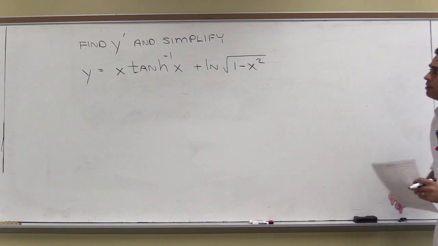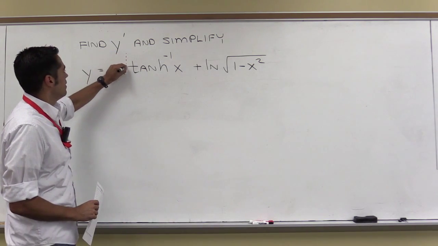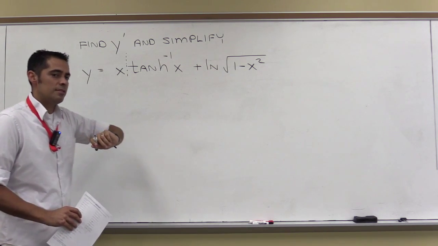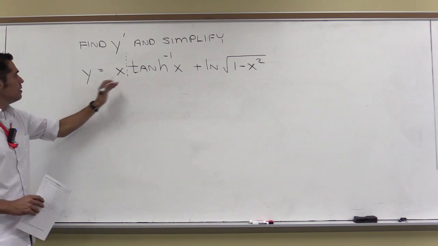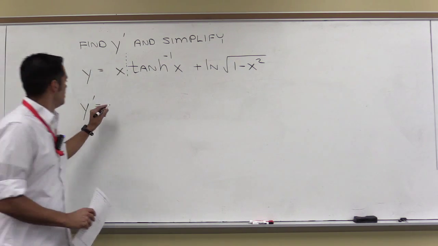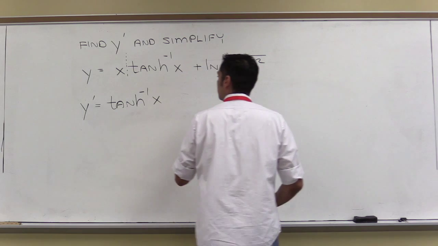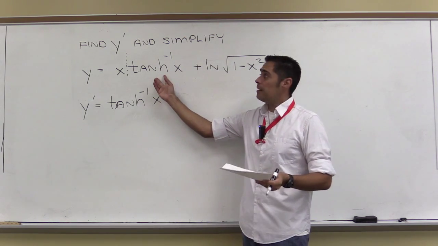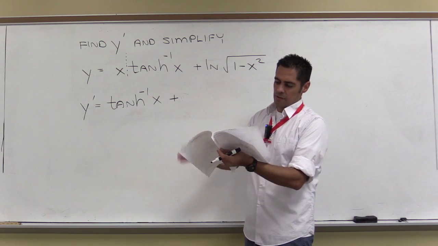All right, so we're going to apply the product rule right here. And then this is a separate term, so we can do the derivative on that separately. Product rule here, derivative of x is 1, so then times tangent hyperbolic inverse of x plus product rule, right? Derivative of tangent hyperbolic inverse. So it's on what page on your reference sheet here?